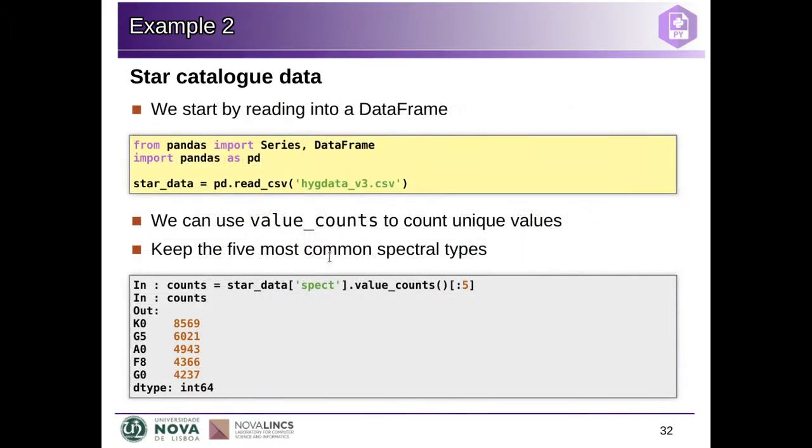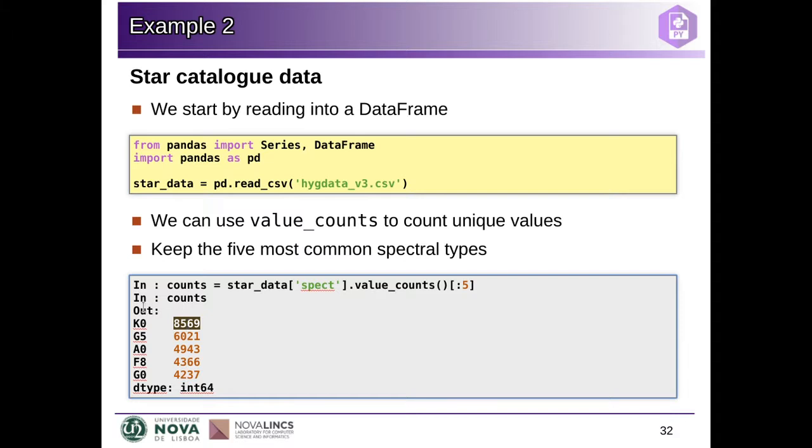And if we use the value counts method, which we saw previously, we get a sorted series that has each unique value in the series we are starting from. In this case, we are looking at the values in the spect column, the spectral type. For each unique value, we get that value as the index and, as the associated value, how many times it occurs.